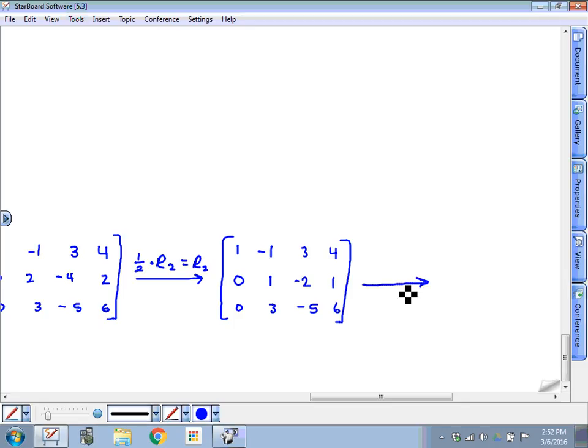So I'm going to take and multiply row 2 by negative 3. What that's going to do is put a negative 3 right here in this entry. And then if I add that negative 3 to this 3, that's going to make this turn to 0. So now you add this to row 3, and it's going to replace row 3.